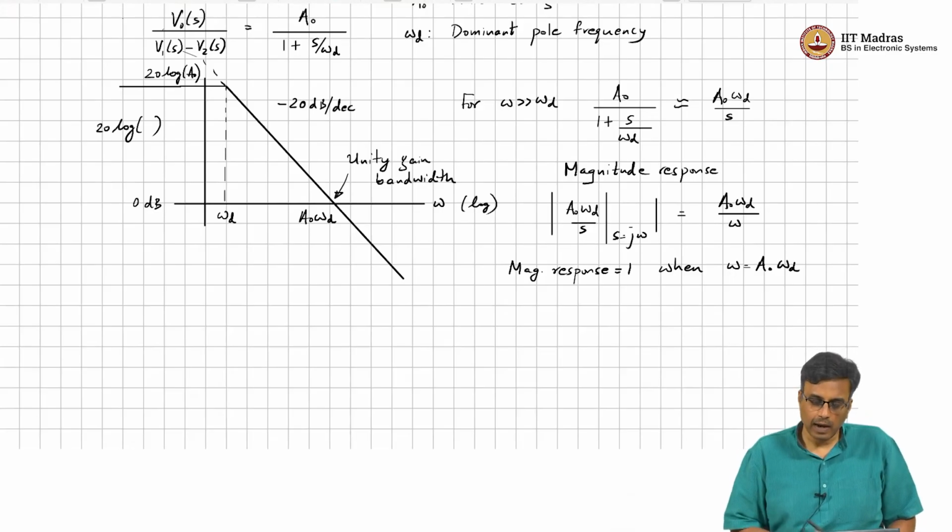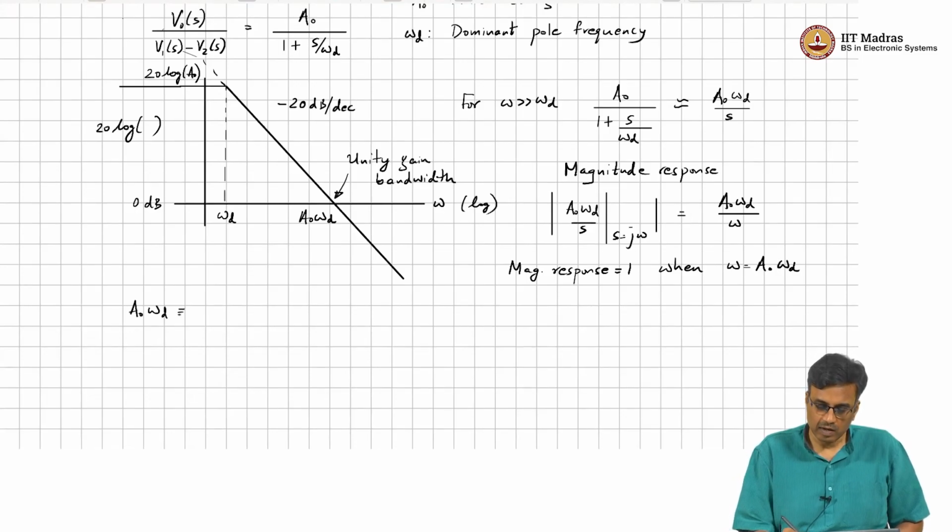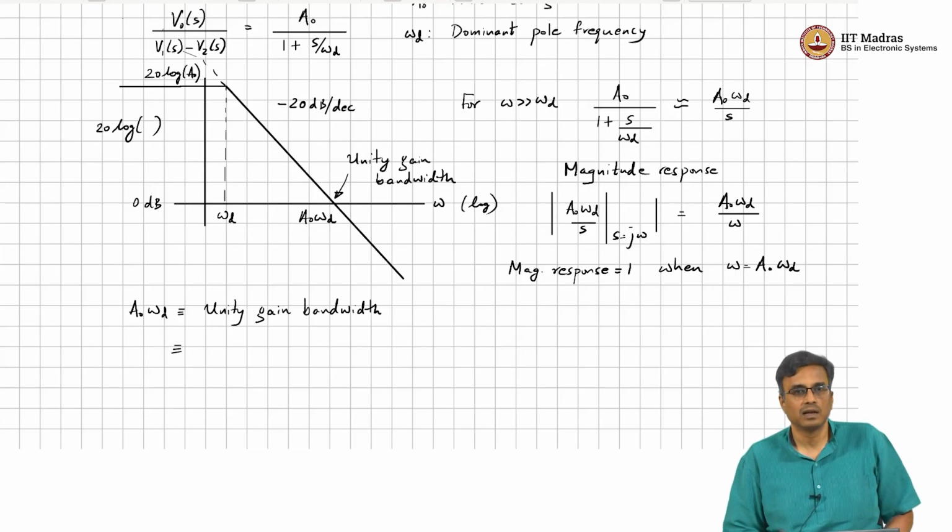All right, and remember that A naught omega D is therefore called the unity gain bandwidth. There is another name for this. A naught represents the gain, and then omega D represents the 3 dB bandwidth.